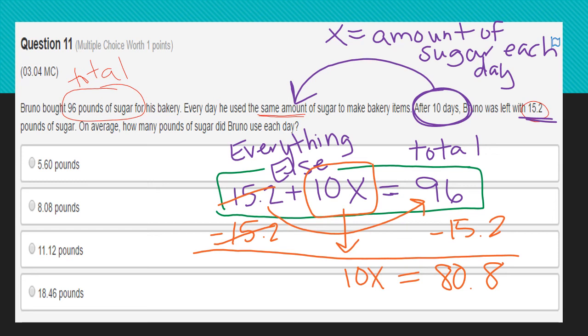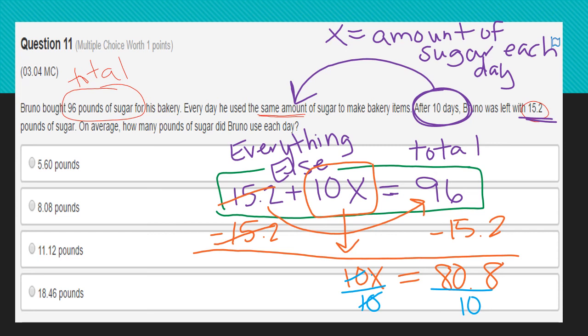Okay, my next step, now we can get rid of the 10, so x is by itself. So because this says 10 times x, if it's together like that, we do the opposite, which means we take it and we divide by 10. This will cancel with this. So if we look, what do we have left with? Now, this is 80.8 divided by 10.